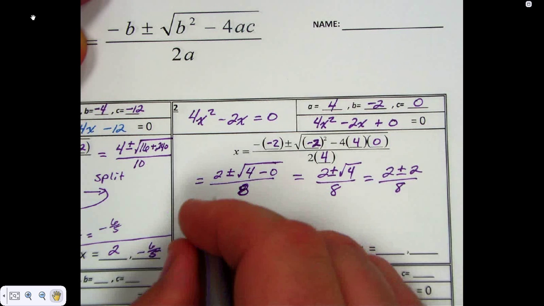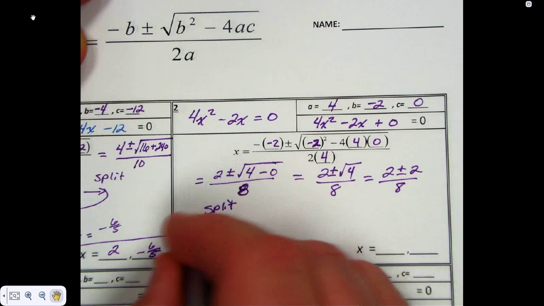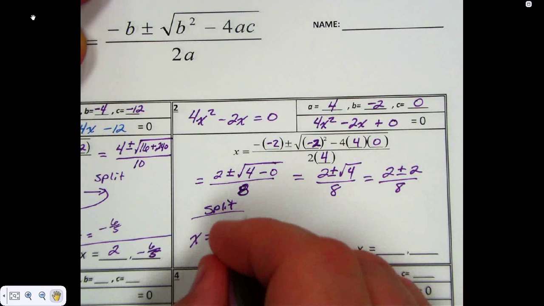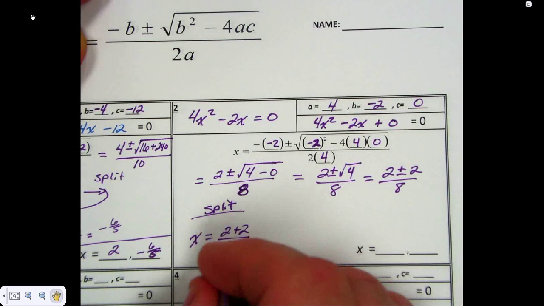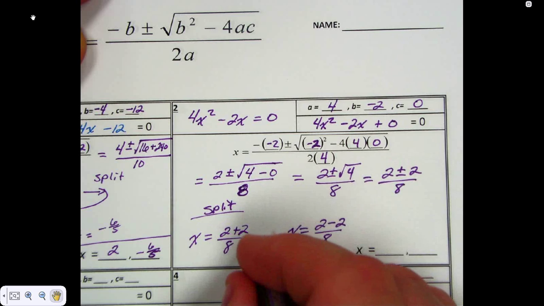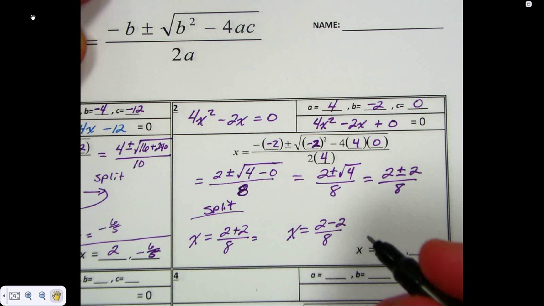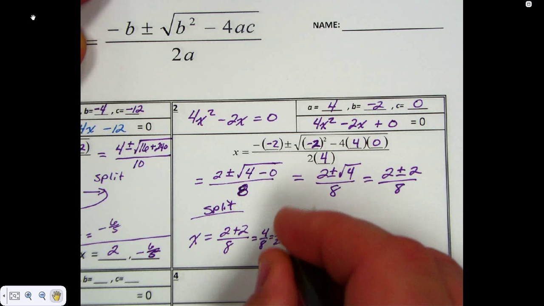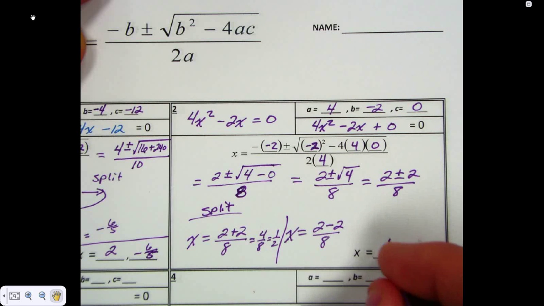Split it up. So x is equal to 2 plus 2 divided by what? 8. And x is equal to 2 minus 2 divided by what? What's 2 plus 2? 4. So 4 over 8. That reduces to what? 1/2. So one of my answers is 1/2.